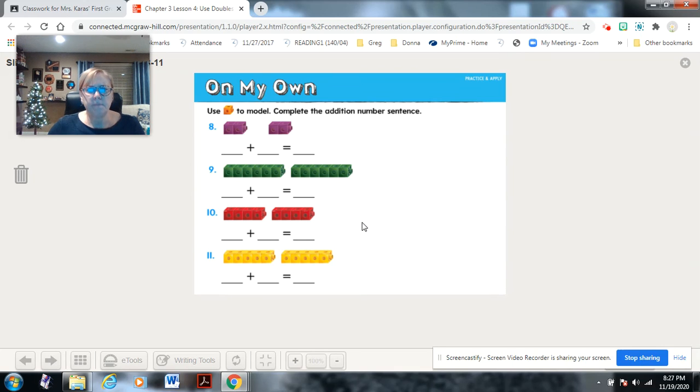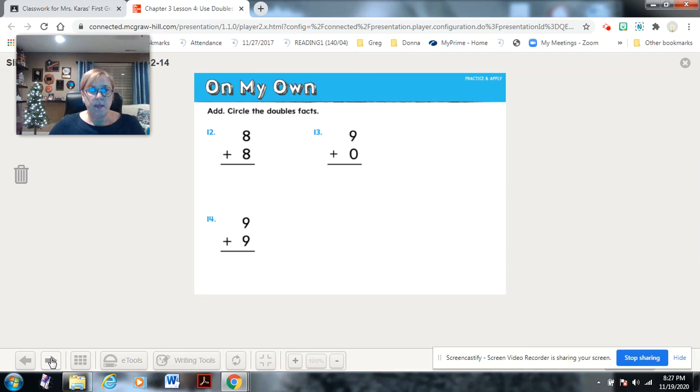All right. Look at these addition number sentence models. All right, fill in the numbers, put the addends in, and then find the sum. And pause now. All right, their addends are 2 and 2. The sum is 4. All right. Add, circle the doubles fact.